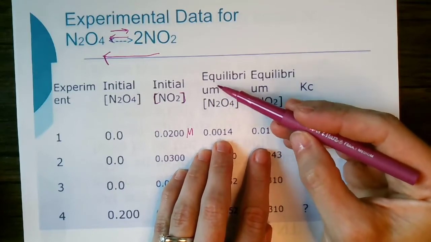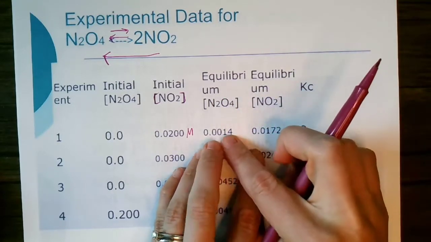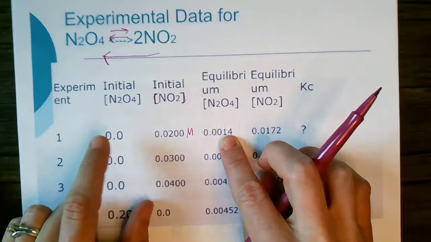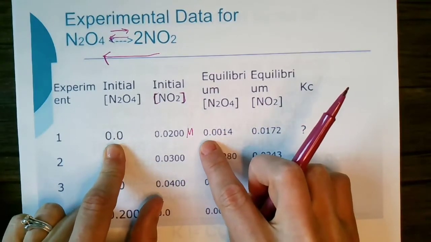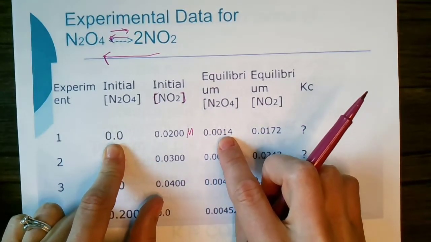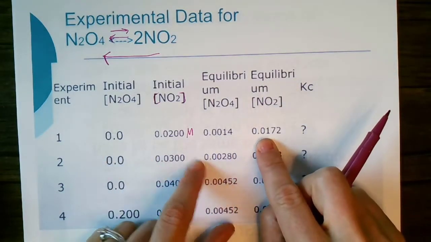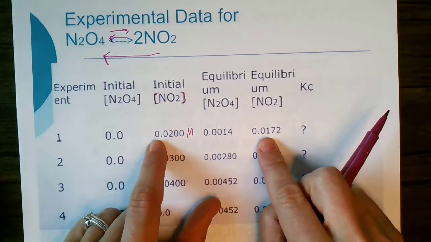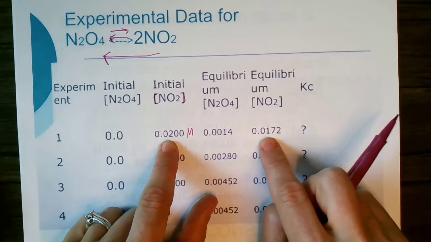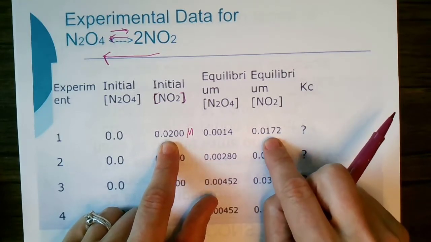And at equilibrium, we can see the concentration of N2O4. So we went from 0 to 0.0014 molar concentration. And at equilibrium, my NO2 was consumed because I started at 0.02. I now have 0.0172 concentration.